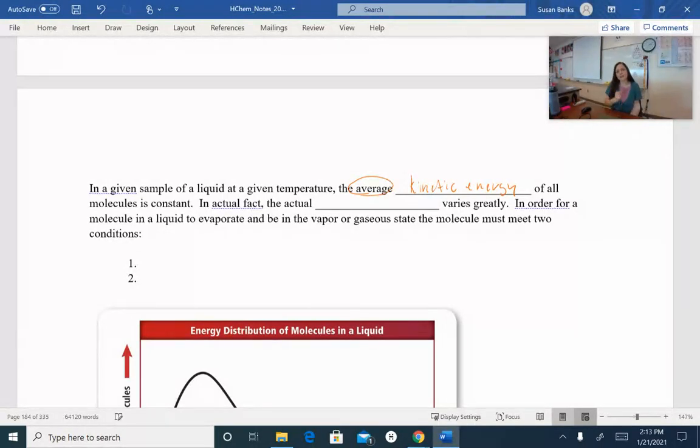It's kind of like if I gave you guys a test or a quiz. Does everybody get the same score? No. But can I create a class average? Yes. And do the class averages differ very much from class to class? No. But the individual scores may differ, okay? So in actual fact, the individual kinetic energy varies greatly.